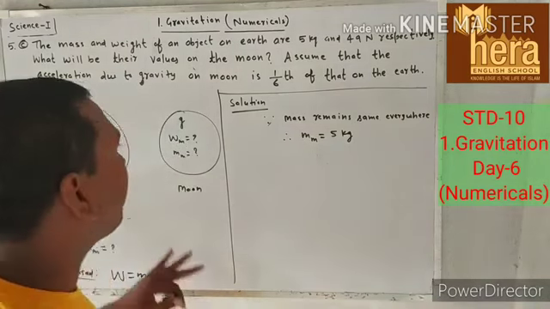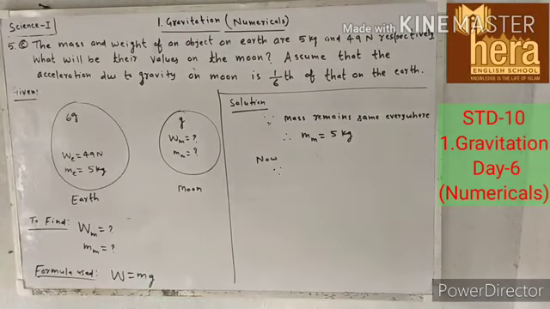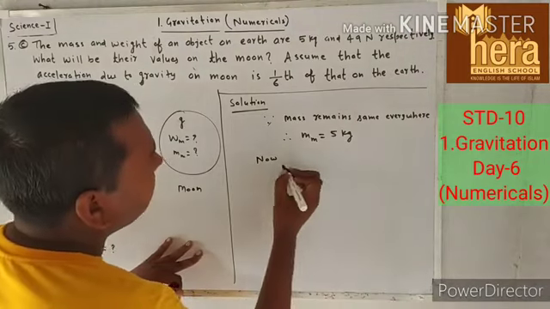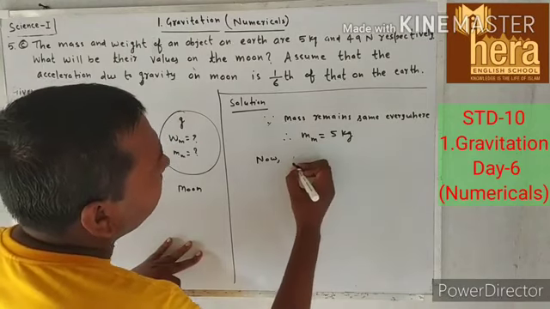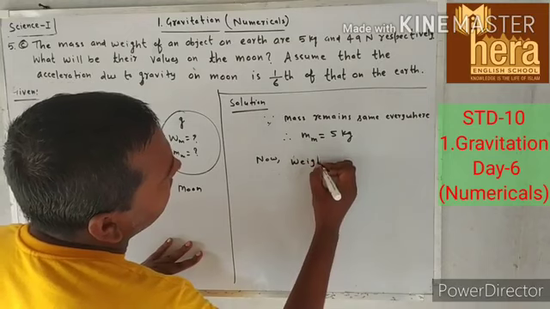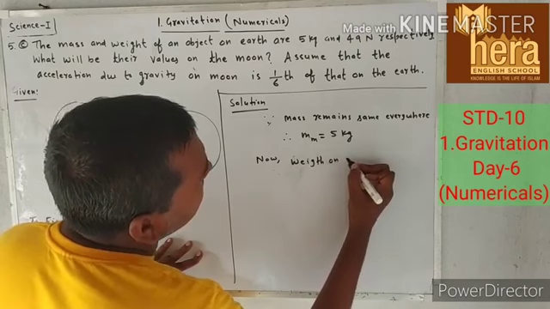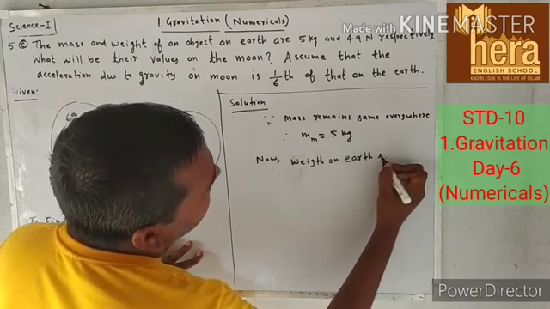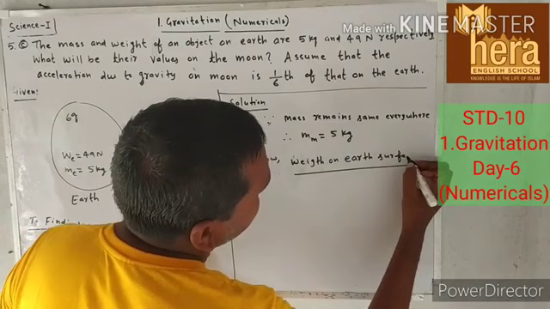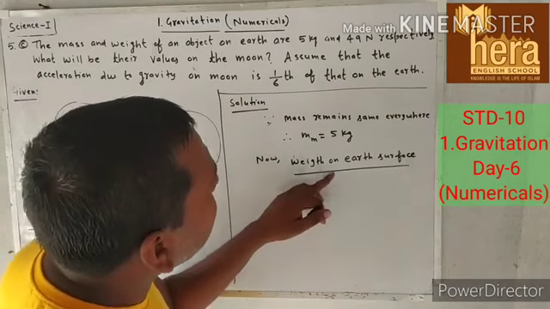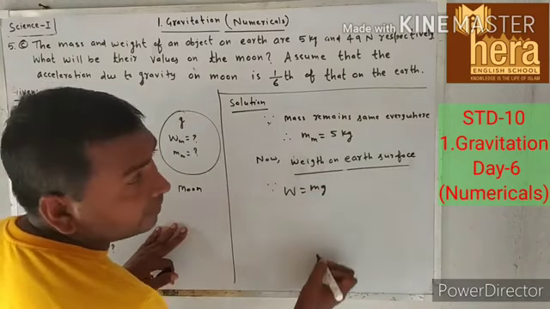Now, let's write like this. Weight on the earth surface, since W is equal to mg.